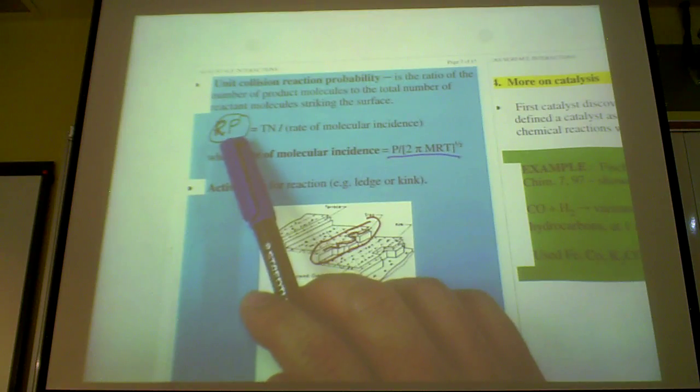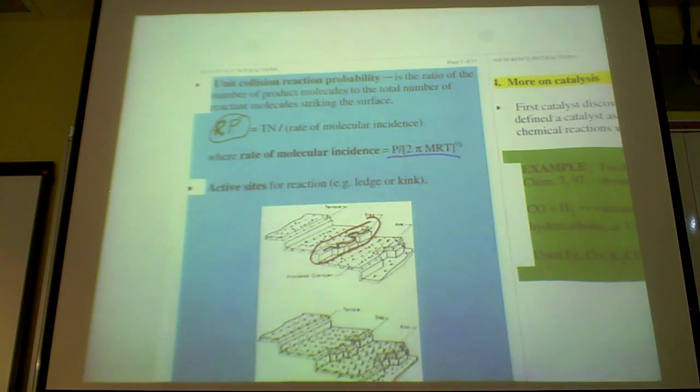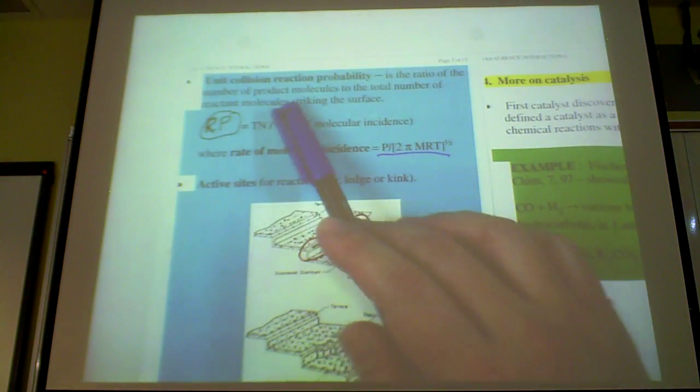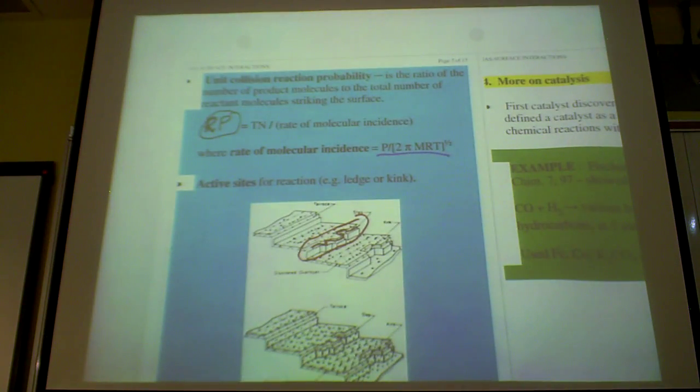Reaction probability, RP, is in fact the turnover number divided by the rate of molecular collision. It is the ratio of the number of product molecules to the total number of molecules striking the surface. In other words, you have a flux coming into your catalyst, and you have the turnover, the amount of molecules produced per unit time, divided by this flux is the reaction probability.